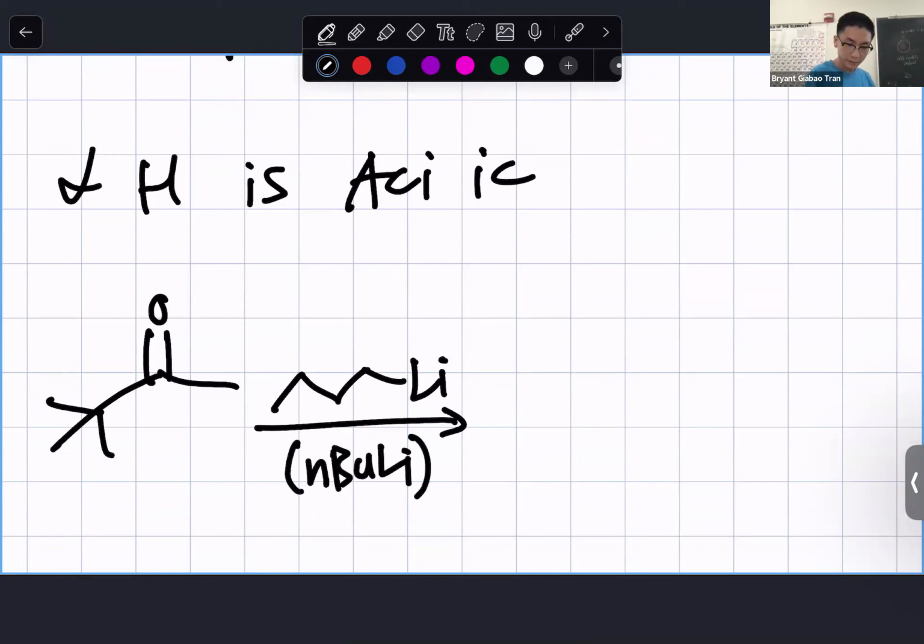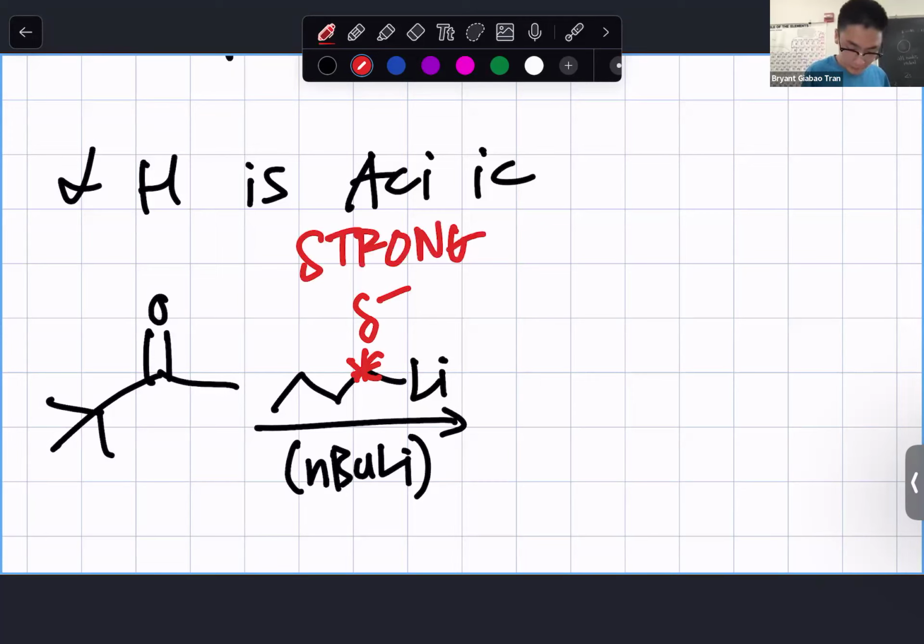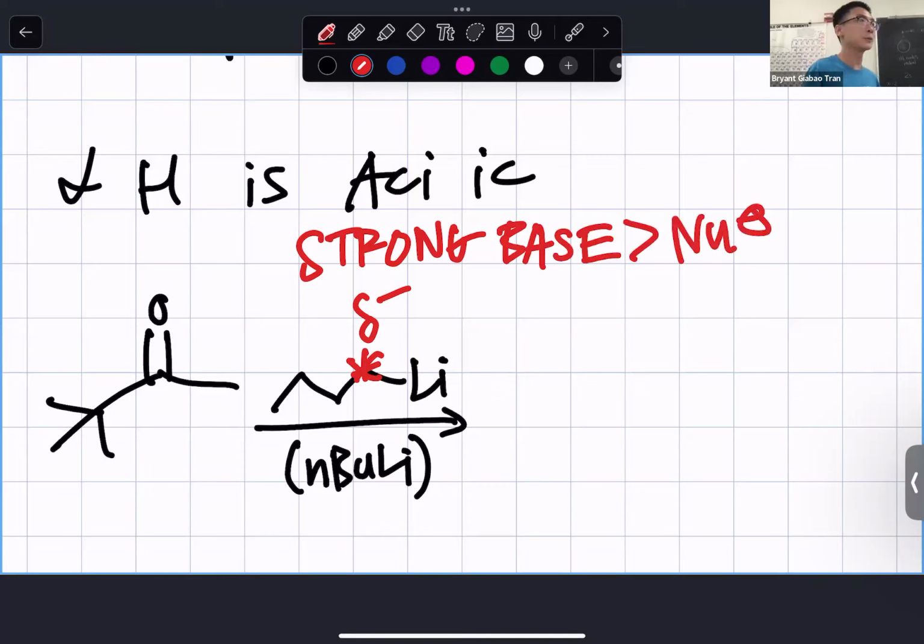This carbon here is partially negative or fully negative because of that lithium there. Think of that as a strong base, right? It will act as a base rather than a nucleophile. Strong base over nucleophile. And bases, we know they want to attack hydrogens, grab hydrogens.